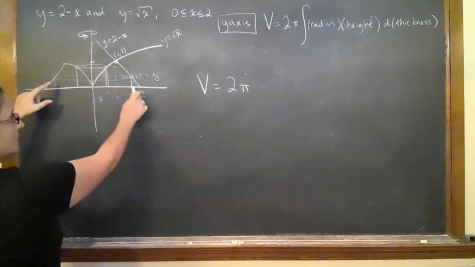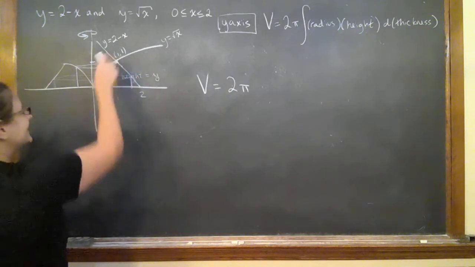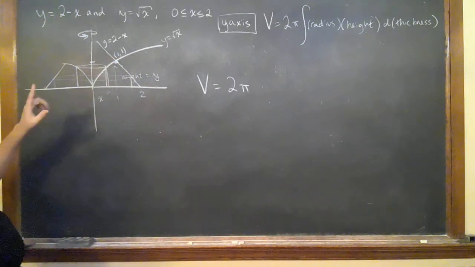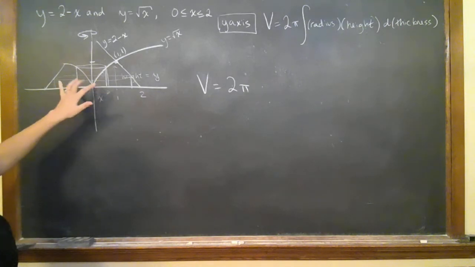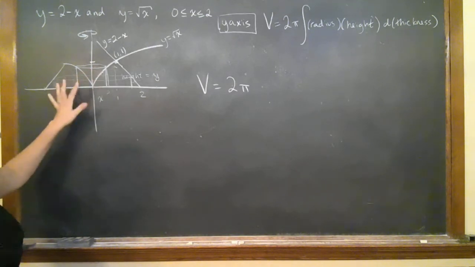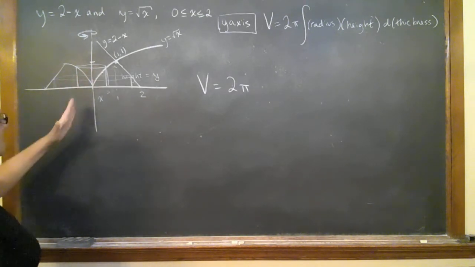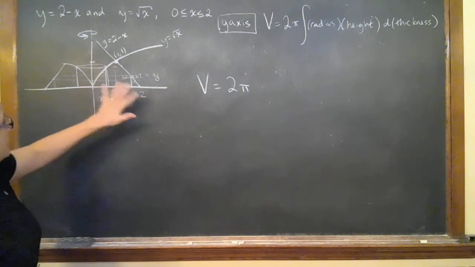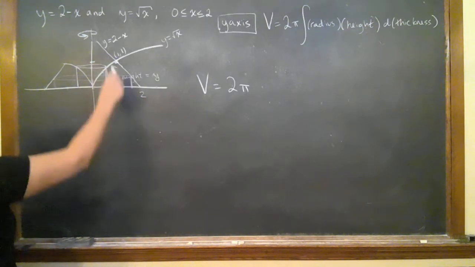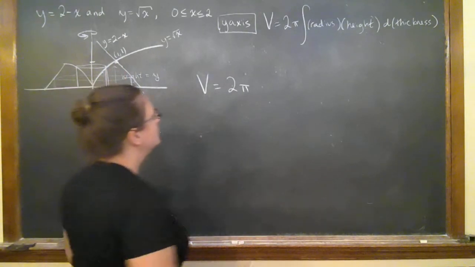On this cylinder, to go up, I'm going to hit this curve. So for this shape, if I wanted to use the cylindrical shell method, I have to break this up into two different integrals, because the way my height is defined is different on the two regions. I'm going up and hitting a different curve.